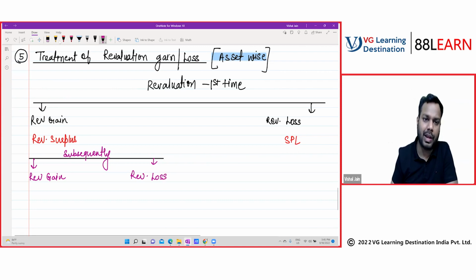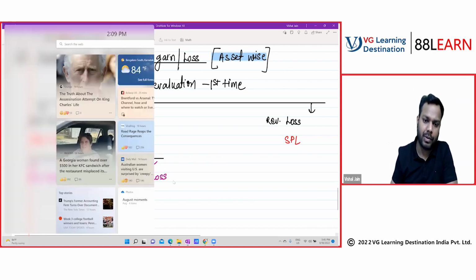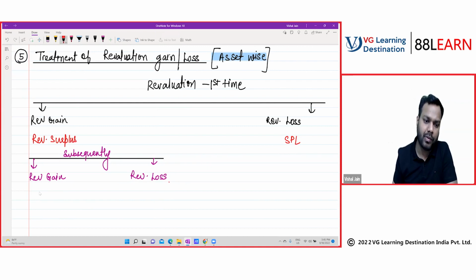Now, if there is a revaluation gain subsequently, again it will be transferred to revaluation surplus.